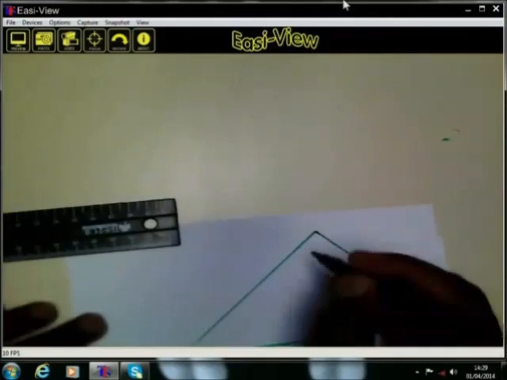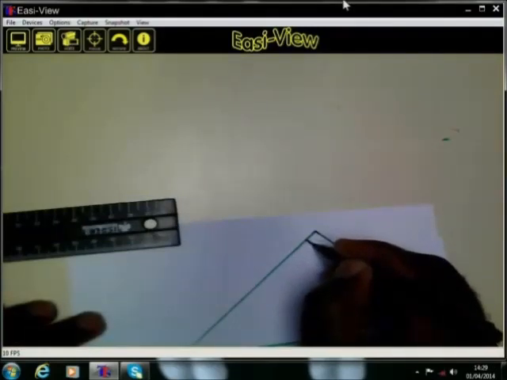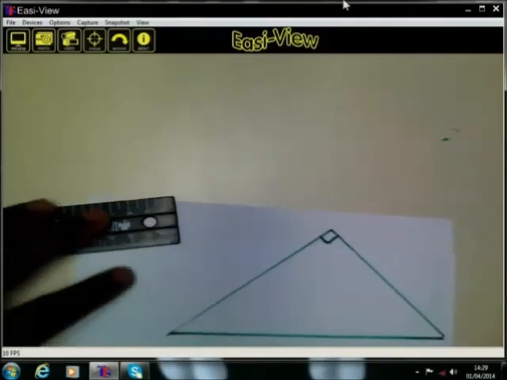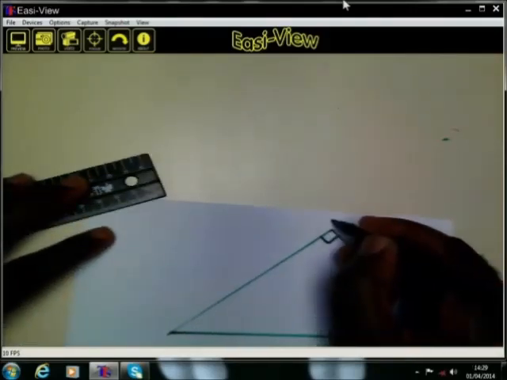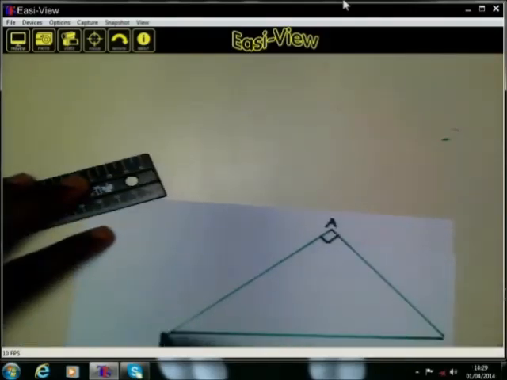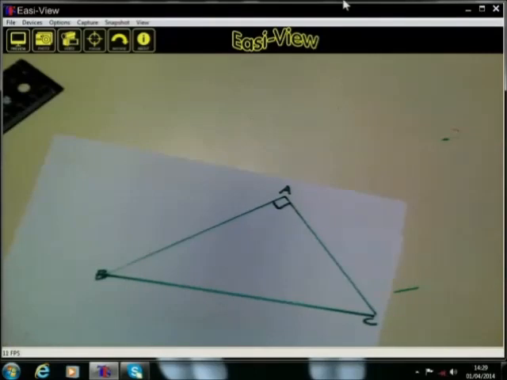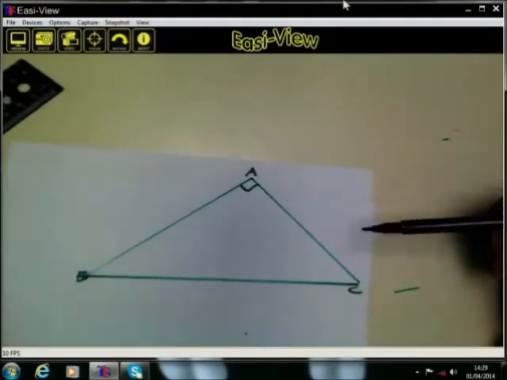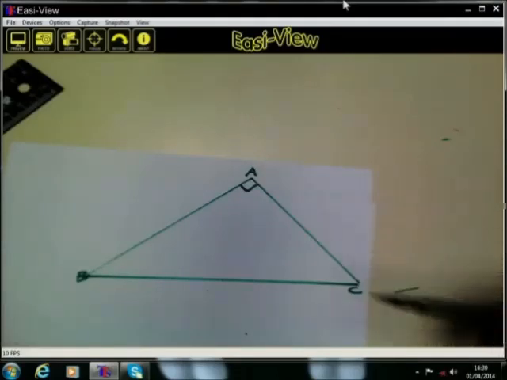Fine. Why do we say this is a right-angled triangle? Because this angle must always be equal to 90. If we are having right-angled triangle A, B, C, the reason why we refer to that as a right-angled triangle is because one of its angles is 90.